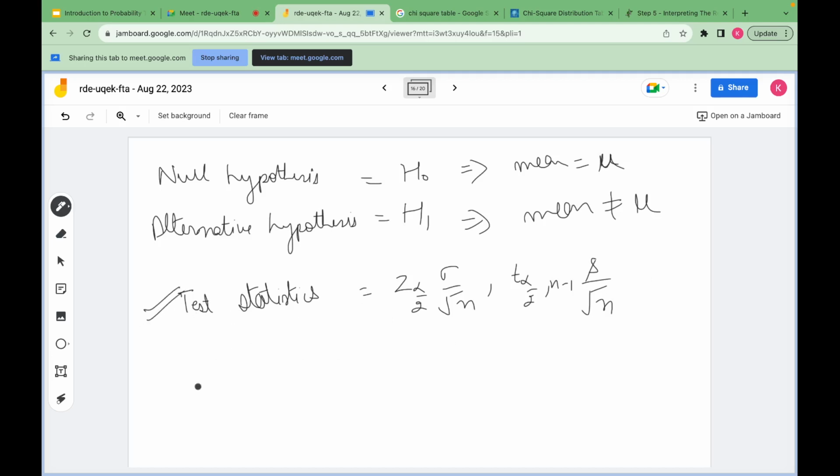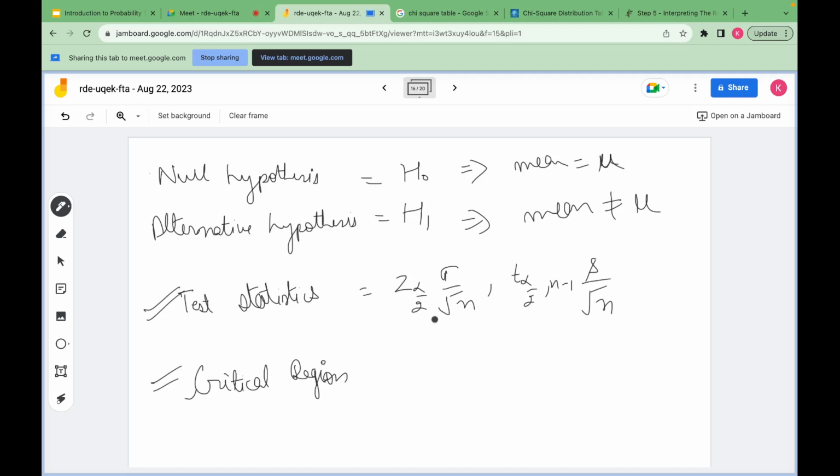There is one thing, test statistics. Another thing is the critical region. We will find the test statistics and some values based on that. But to decide when H0 is right and when H1 is right, we find a critical region.